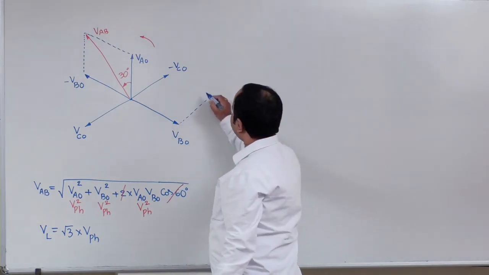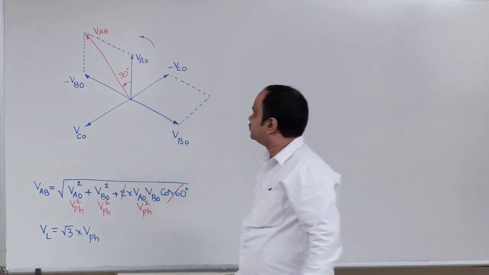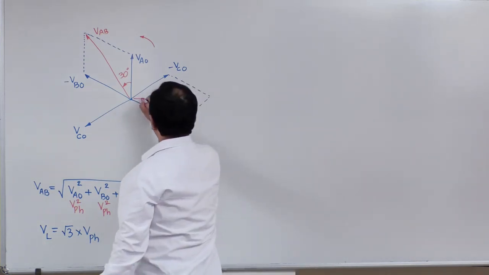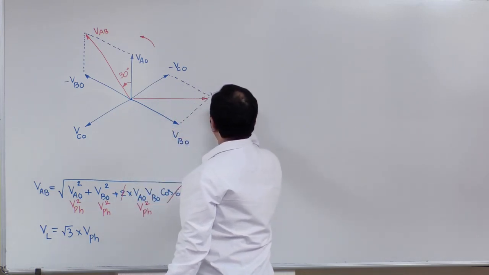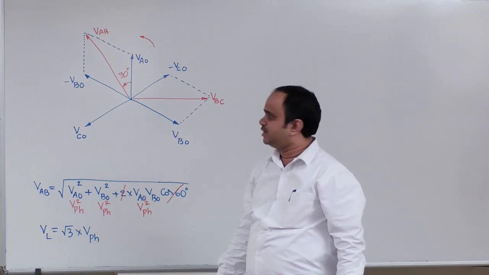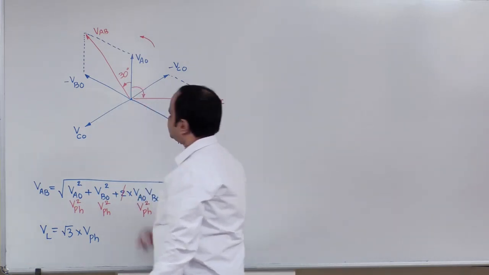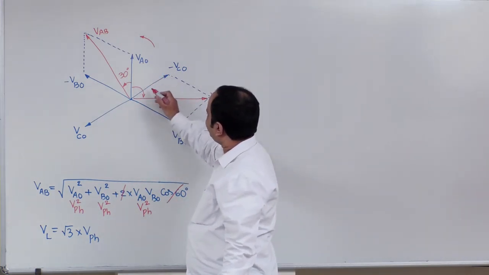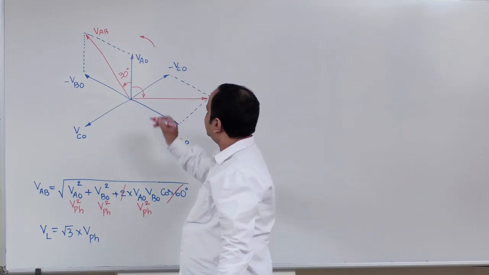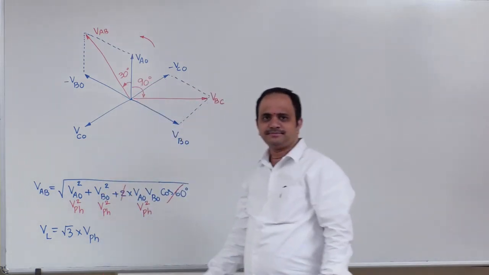Now by adding these two phasors, we will get VBC. Now if you observe carefully this phase angle, how much is it? This is 60 degrees and this is 30 degrees. Therefore, I can say this is 90 degrees.